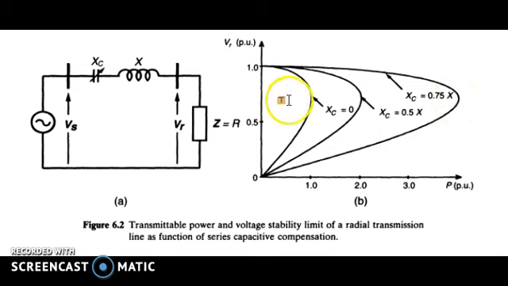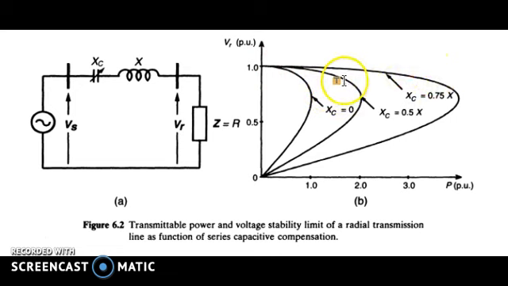Also, at one particular voltage, if you consider a point just below 1 per unit, maybe we can take it as 0.95 per unit, and consider the power transfer at that voltage, you can see that it's increasing.